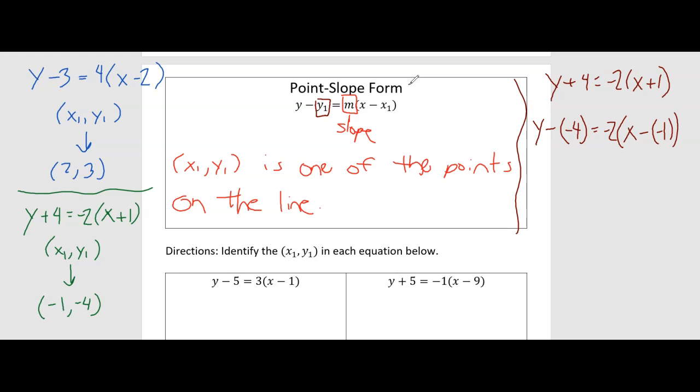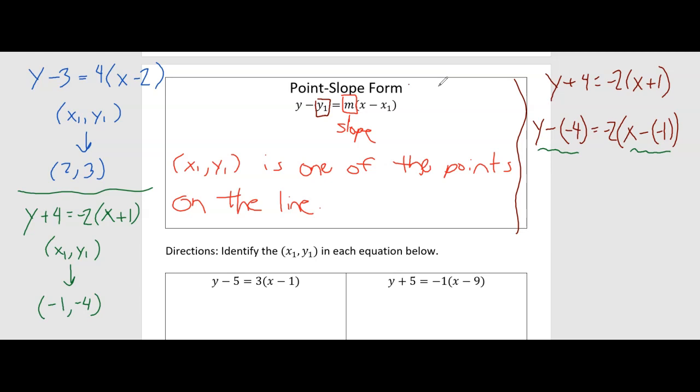Right? Because point slope form is y minus and x minus. So if we have some pluses in here, the only way we could change that to a minus and have y minus something and x minus something is if we change those other numbers to negatives as well.